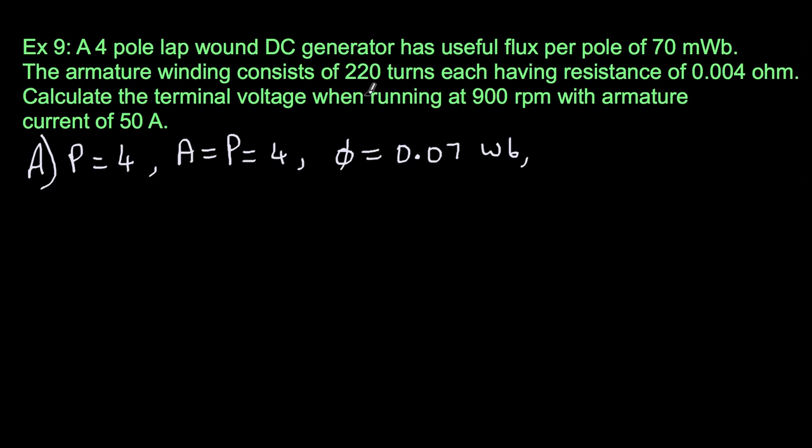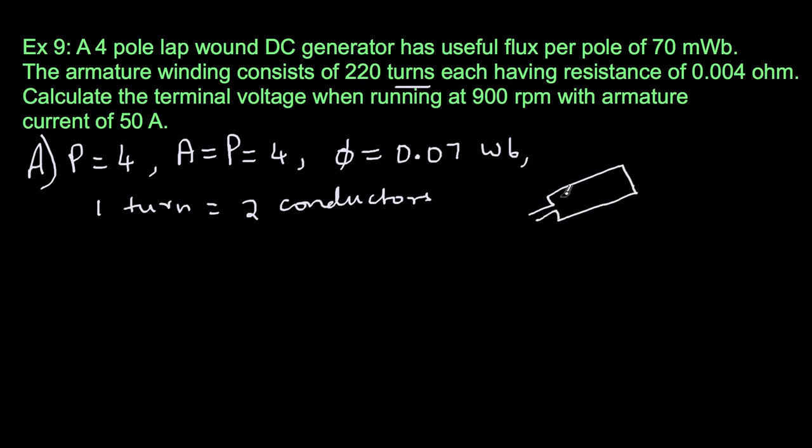Armature winding consists of 220 turns. Here you should be careful with this term turns. One turn will have two conductors. So there is this one conductor and this another conductor, and together they become one turn. So armature winding consists of 220 turns.